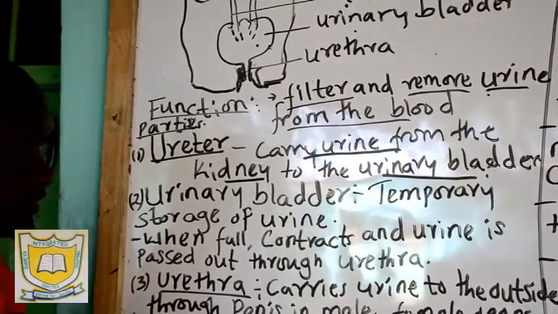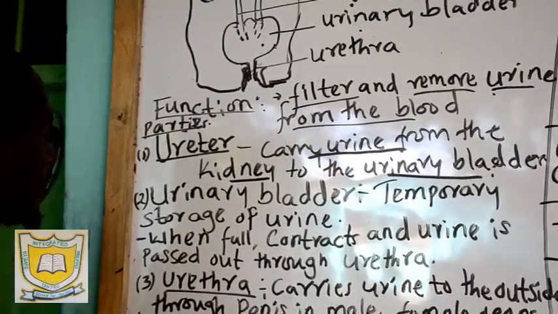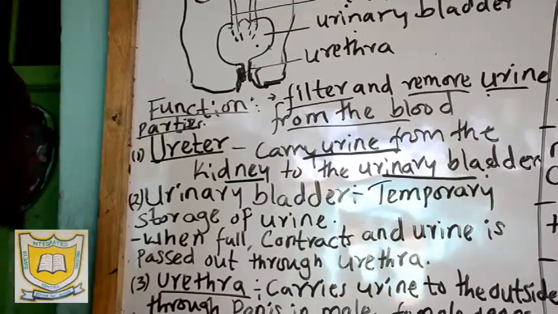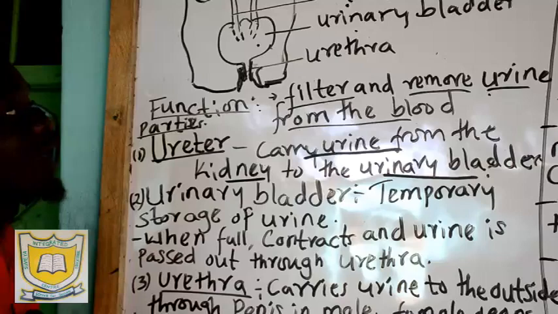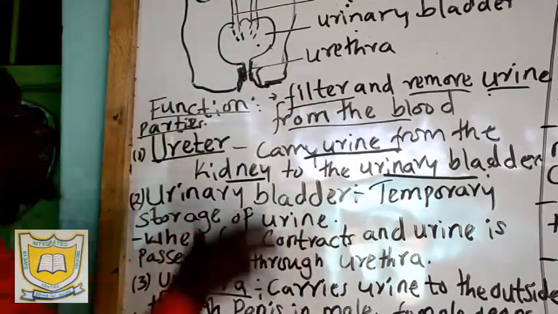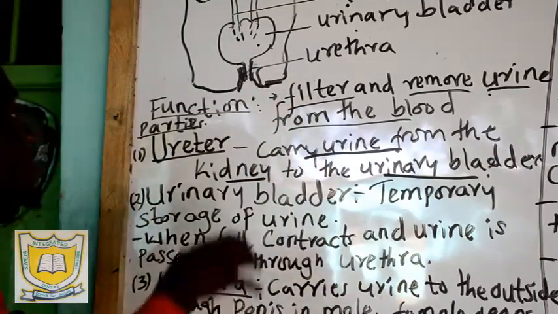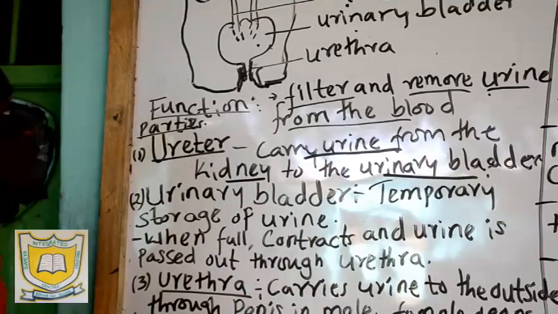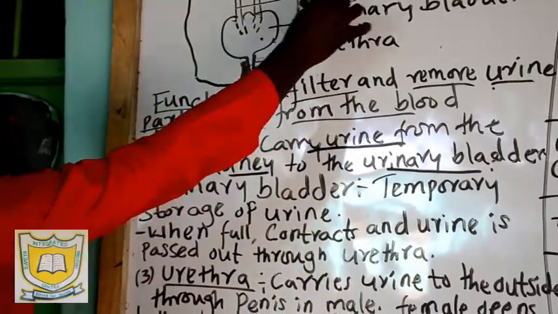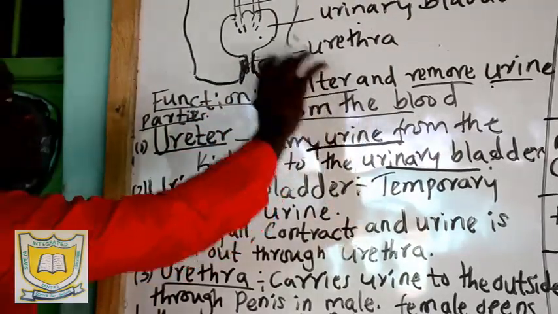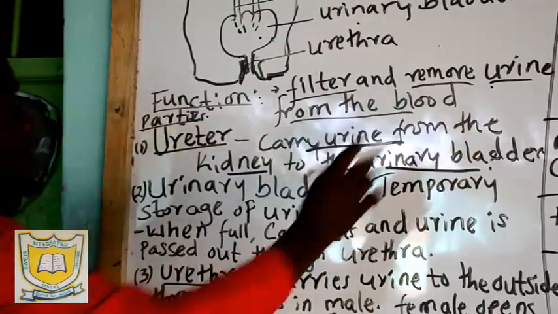The bladder is at the lower part of the human reproductive system. That is where you feel pain when you need to urinate, because of the urine stored temporarily in the urinary bladder.